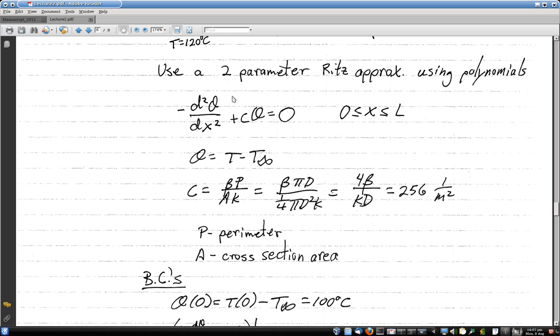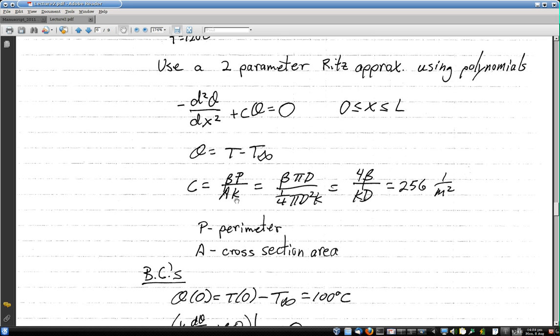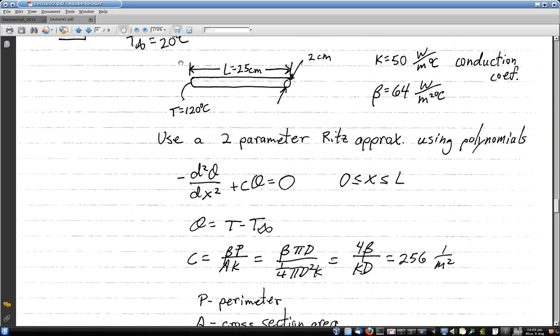My boundary conditions: on one side it's 100 degrees C. You note here just the delta T. And then on the other end I have this boundary condition, which is insulating on the other side. Alright, so we take the weak form. We've already gone through integration by parts. I'm showing the final weak form where we have to evaluate this integral, and here are my boundary conditions, right?